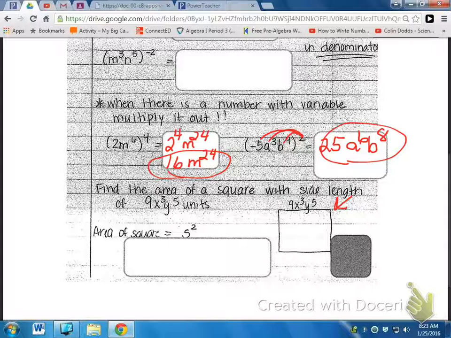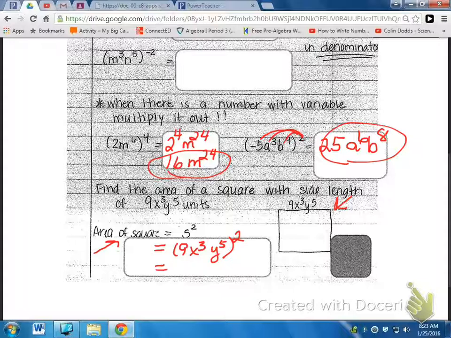In case you have forgotten, the area of a square is side squared, because rectangles are length times width, but a square, all sides are the same, so side squared. So what I'm going to do is take 9x to the third y to the fifth in parentheses, and I'm going to square it.